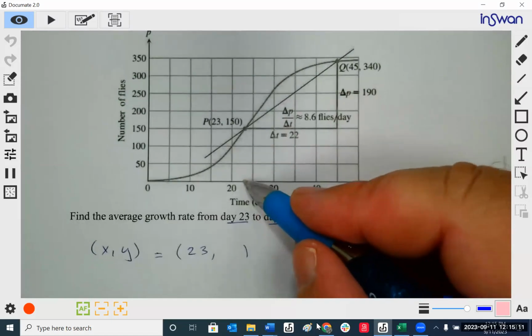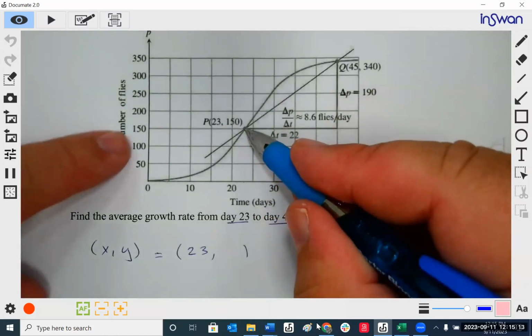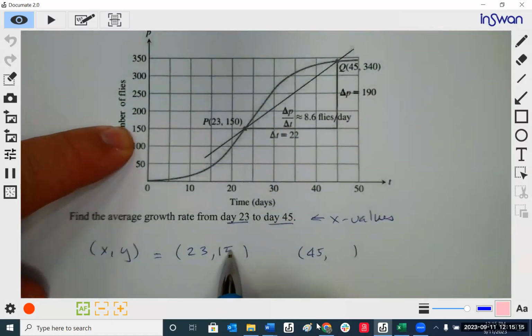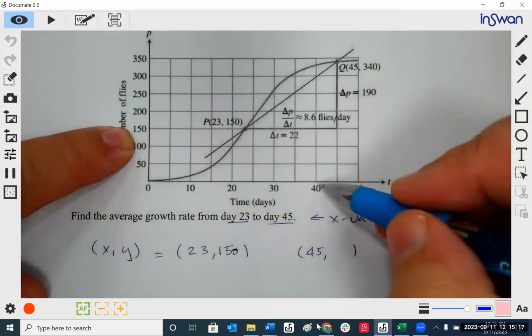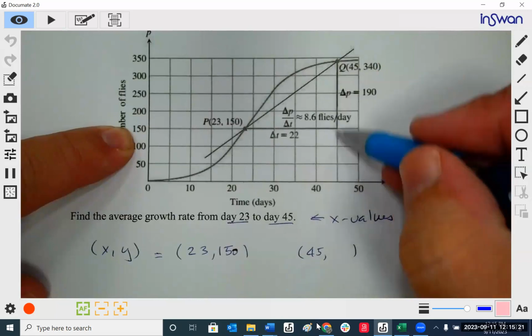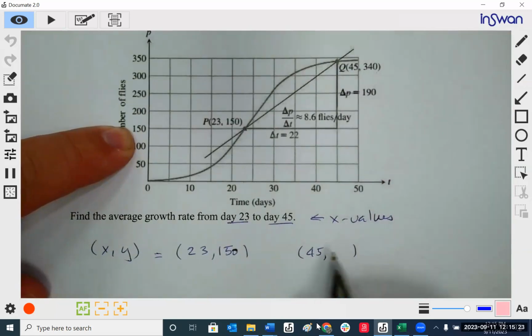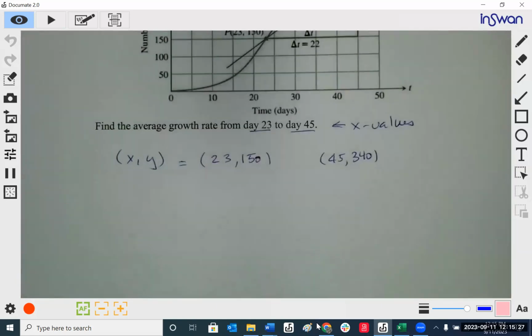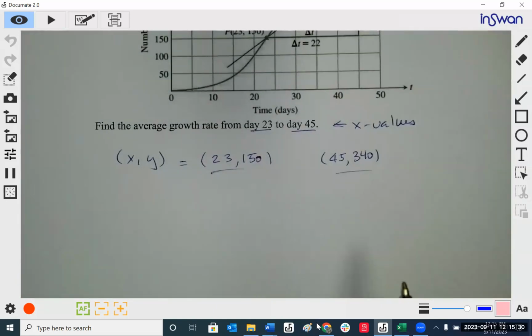At 23, Y equals 150. And at 45, 45 is here, 340. We have our 2 points.